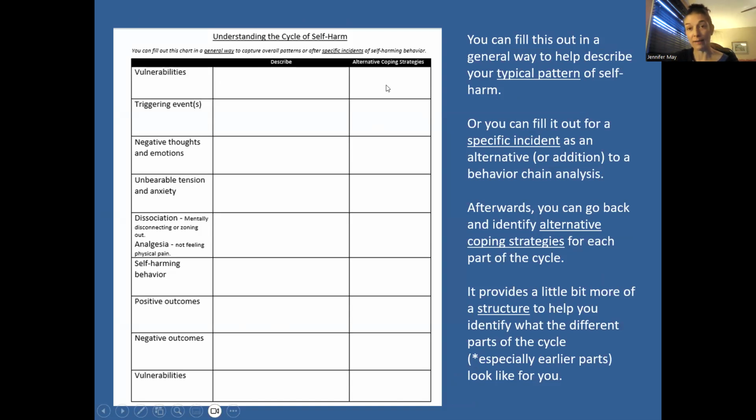And then you could go back, like a behavior chain if you want to, and identify for each category, what are some alternate coping strategies I could use? So, you could go into, well, how could I target my thoughts and emotions a little bit differently? How could I deal with these triggers a little bit differently? How could I do something different at this point? You could go through it in a similar way.